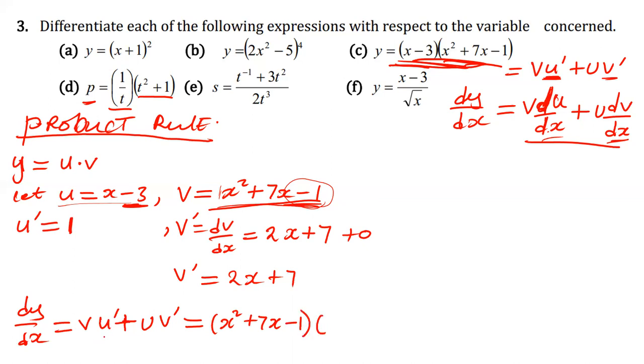And then our u prime is simply what we found here, which is just 1. Then we say plus. We move on to this part. The value of u is simply this part here, which is x minus 3. And then we're multiplying it with v prime. So v prime is simply 2x plus 7.